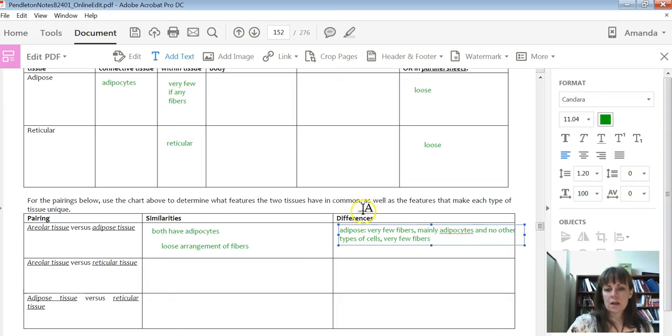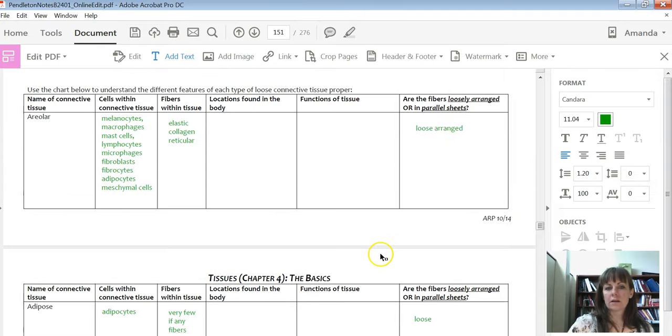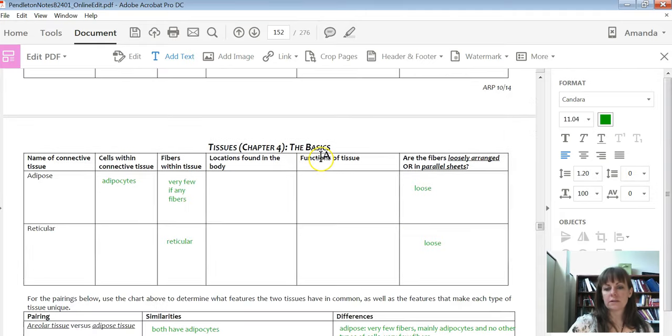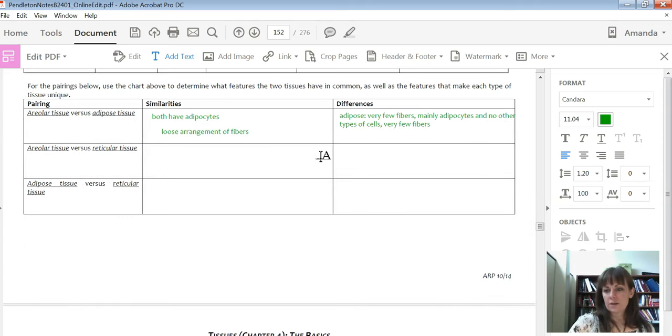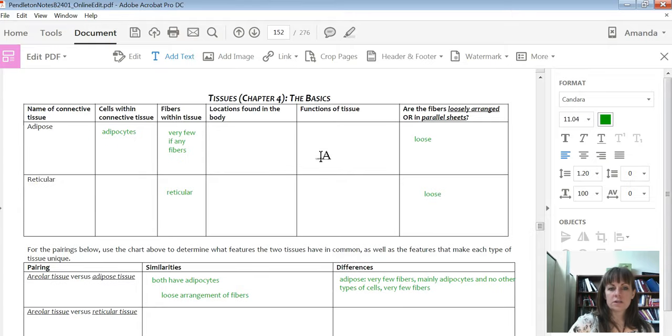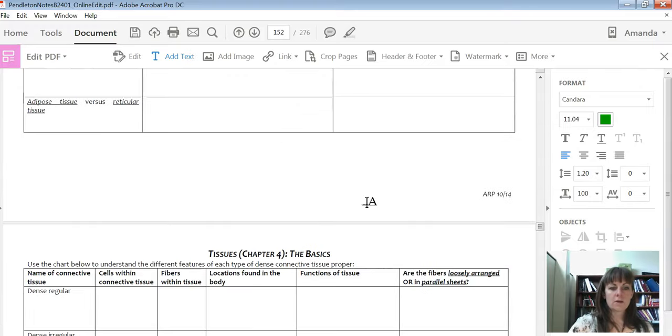Okay, and so then you could also look at locations and functions and put that in a differences place as well. Okay, so you have the text, you have the homework, and so my suggestion is to use that and fill in your notes from here and see if you can find the cells, fibers, locations, functions, and then contact your instructor if you're having trouble with that.